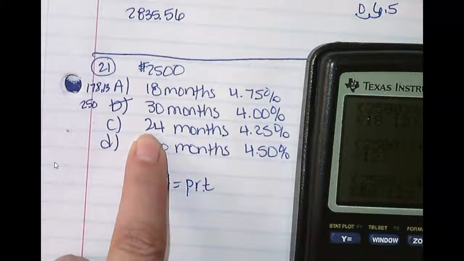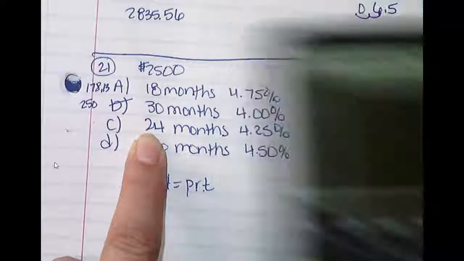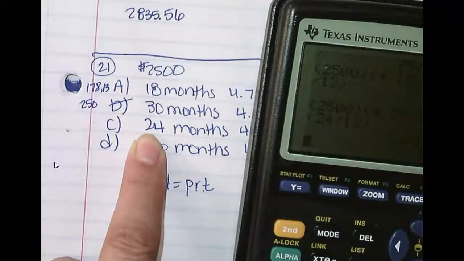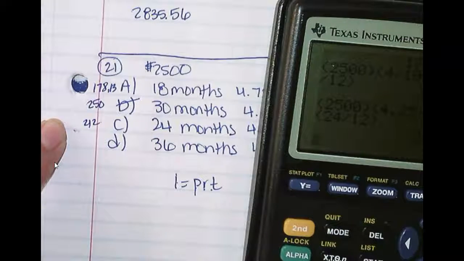Nope, I think it's 24. It might be easier just to retype it, but I'll just edit. 2,500. 4.25, 24 months. Wouldn't 24 divided by 12 be 2? Yeah, a lot simpler. 212. So far, the 187 is a pretty good winner.